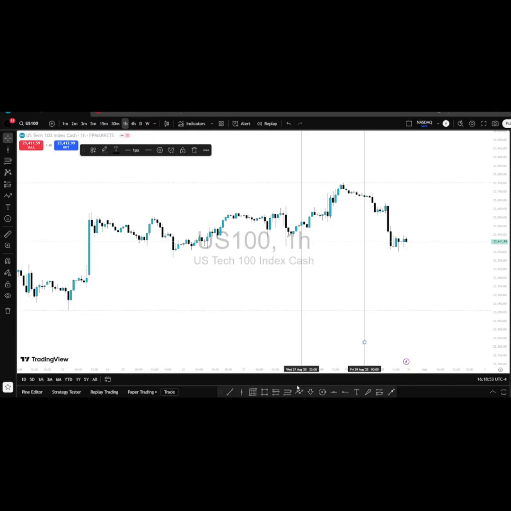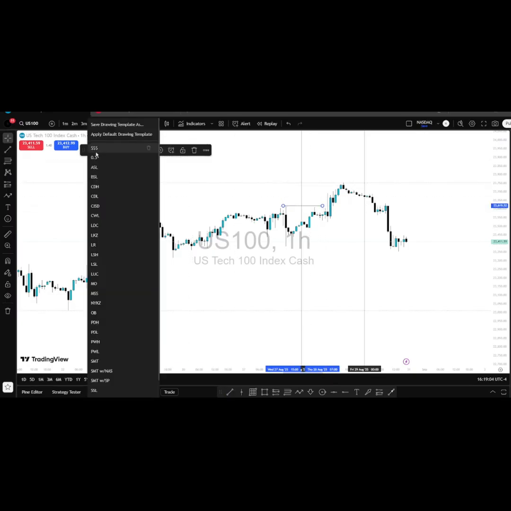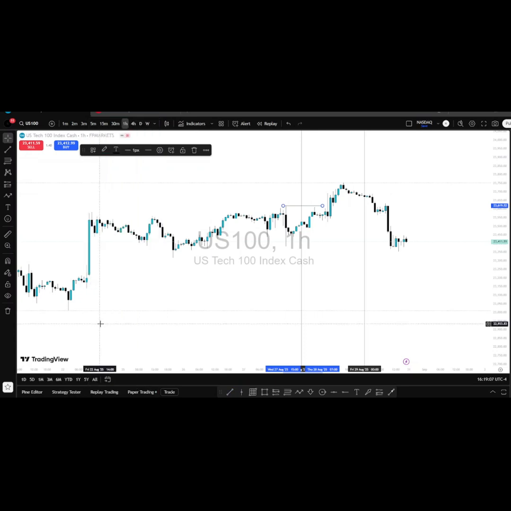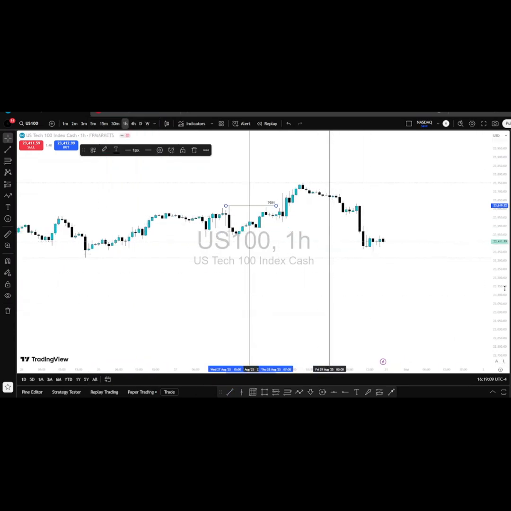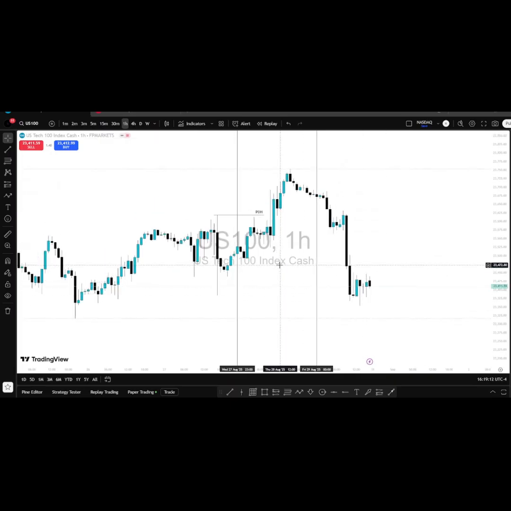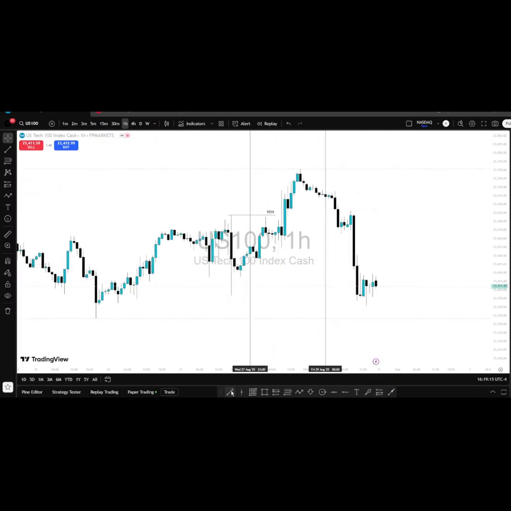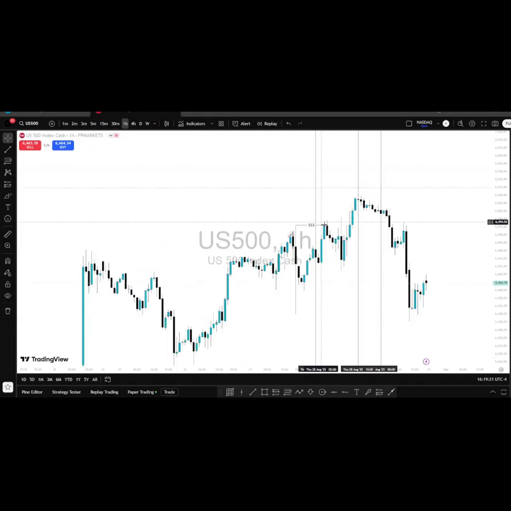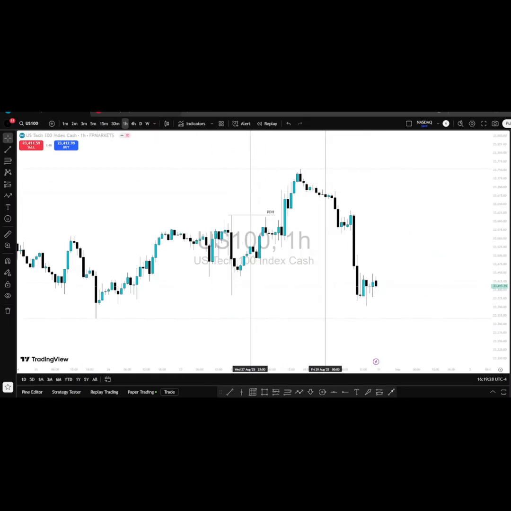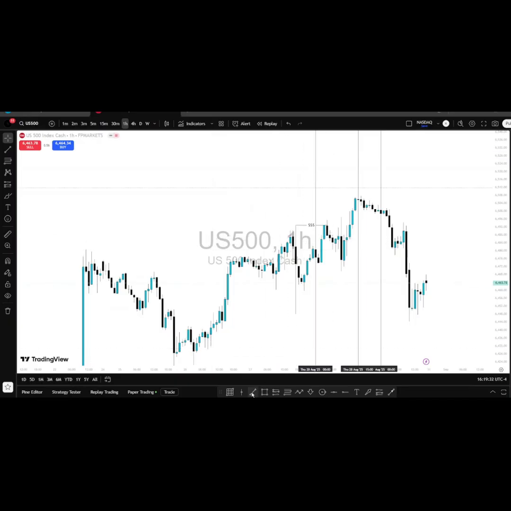When I come to US 100, I notice what? The previous day high is still intact. All right, I guess you can already see where I'm going with this. So one of the assets has formed a lower high, while the other asset has formed a higher high. This one has formed a lower high, and US 500 has formed a higher high.